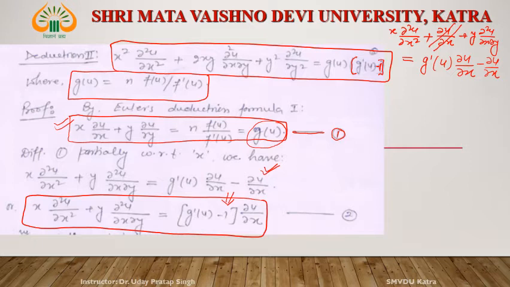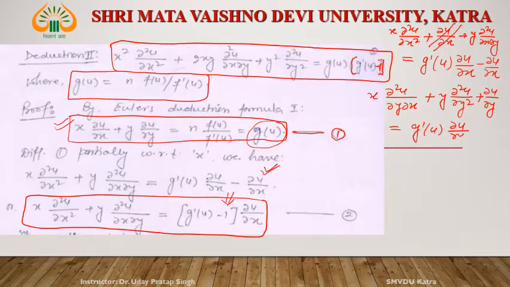Now differentiating equation 1 partially with respect to y, what do we obtain? x ∂²u/∂y∂x plus ∂u/∂x times the derivative of x, which is 0. Now y times the derivative of ∂u/∂y, ∂²u/∂y², plus ∂u/∂y, is equal to g'(u) ∂u/∂y.